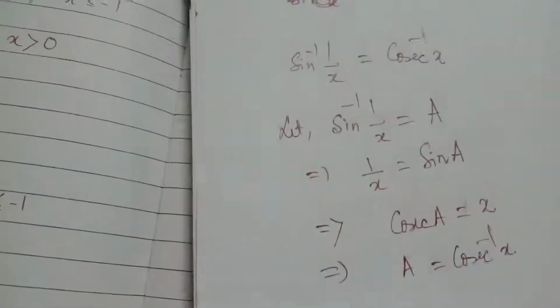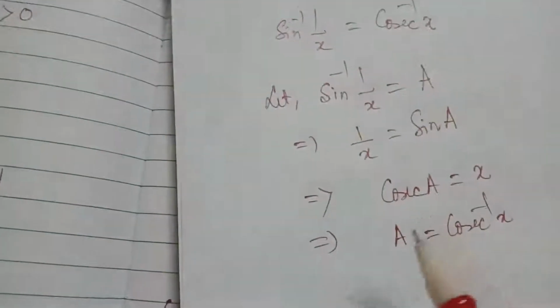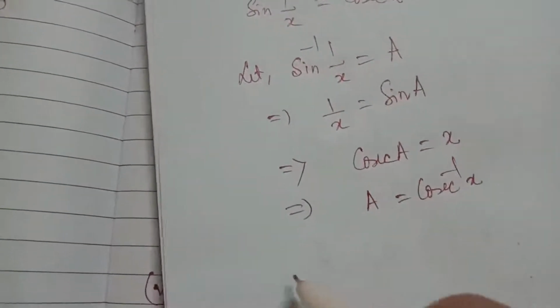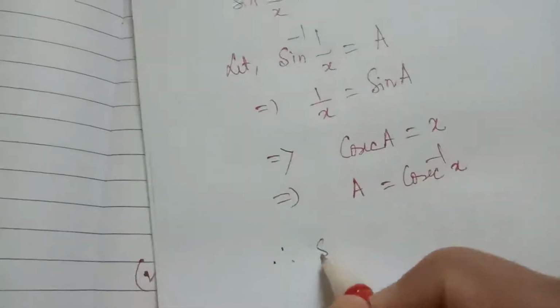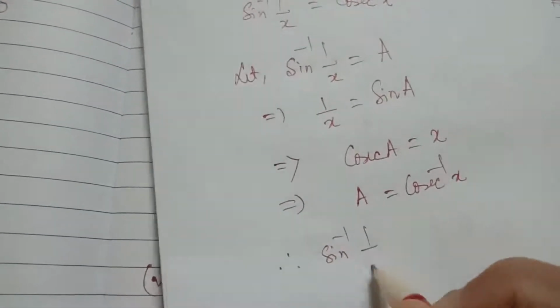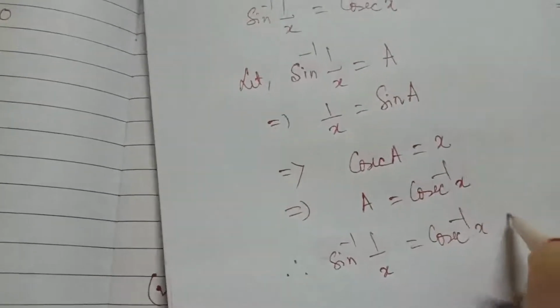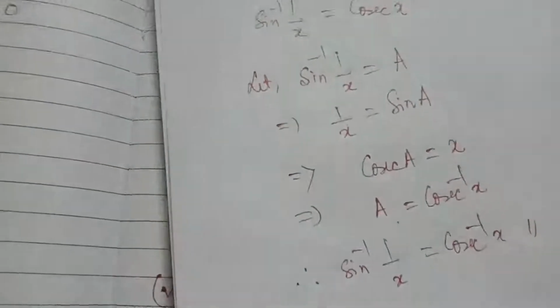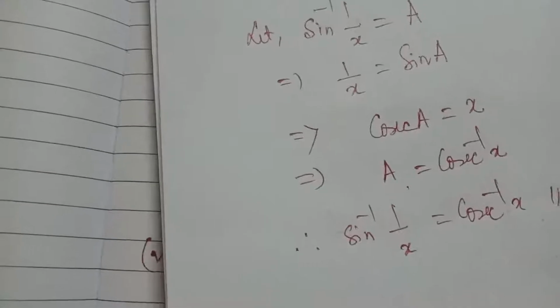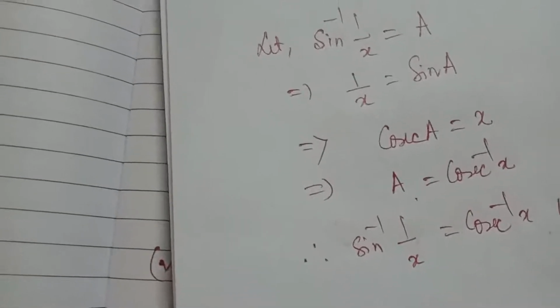And so you can see a equals cosec inverse of x, and therefore sine inverse of 1 by x is equal to cosec inverse of x, both equal to a. So this is the proof of the theorem. Similarly, you can prove the other two also.